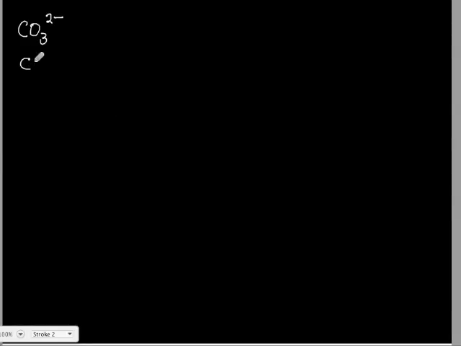Okay, so you know that carbon has 4 valence electrons, and you know that oxygen has 18 valence electrons, 6 each, 6 3s are 18, and there is a charge, so you have to add 2 electrons, and we have 24 electrons altogether. Okay, let's put the carbon in the central atom here.